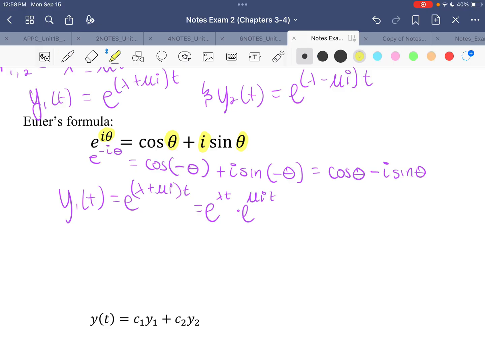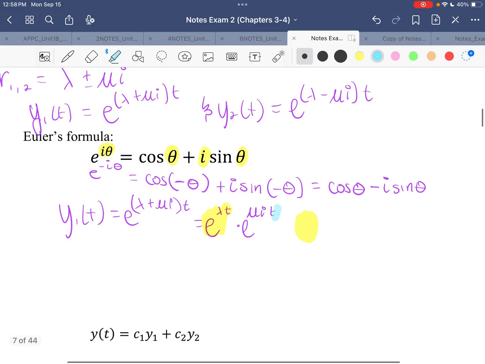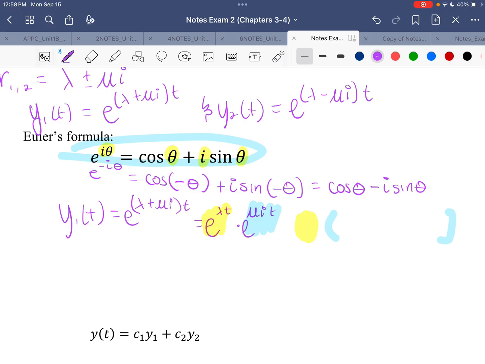This part is real, and doesn't require Euler's formula. But this part is complex and will require Euler's formula. So e to the lambda t times cosine mu t plus i sine mu t.